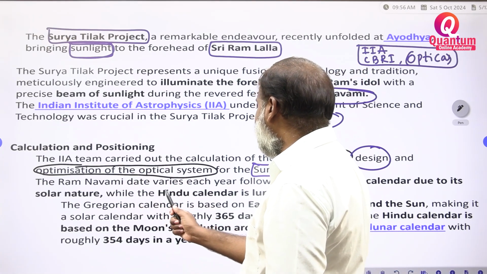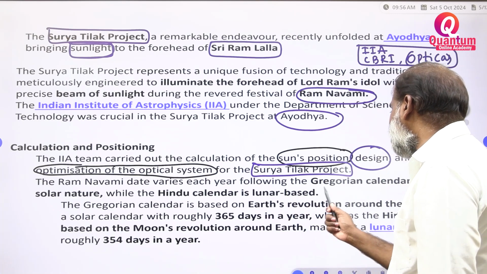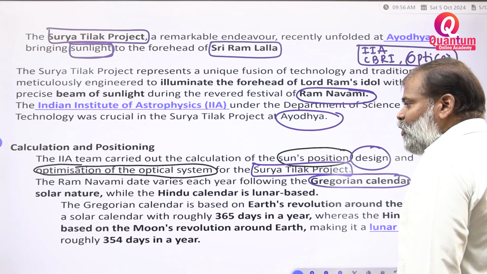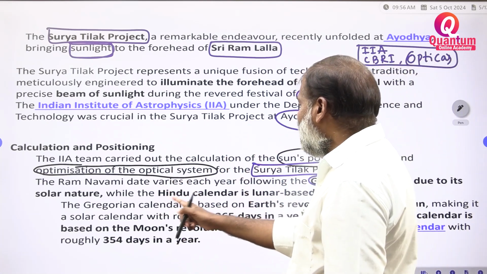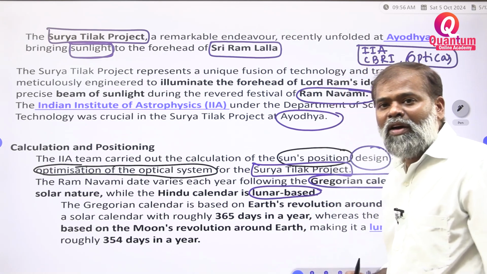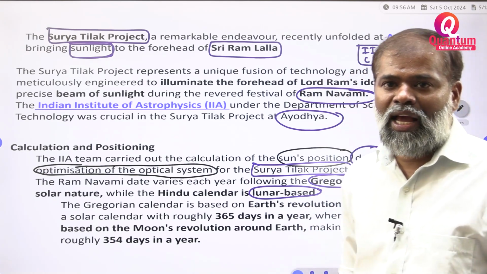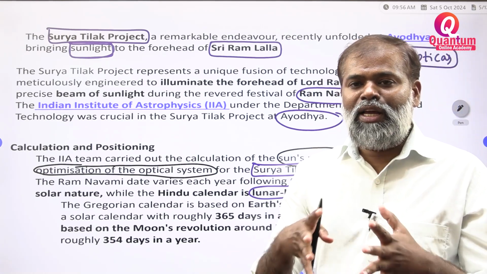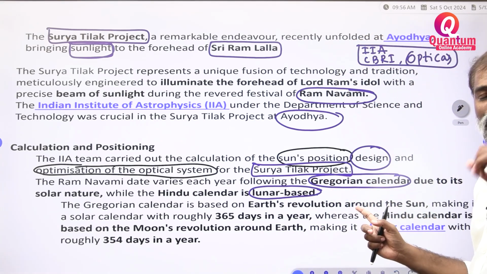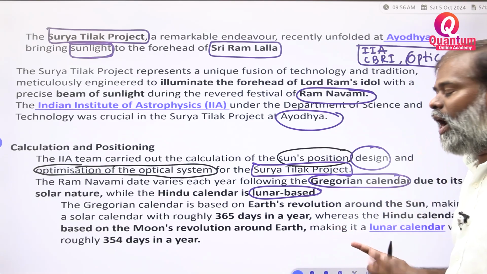The Ram Navami dates vary each year following the Gregorian calendar due to its solar nature, while the Hindu calendar is lunar based. Sri Rama Navami comes based on the Hindu calendar, but we are following the English calendar. The English calendar is solar, and the Hindu calendar is based on the lunar system.